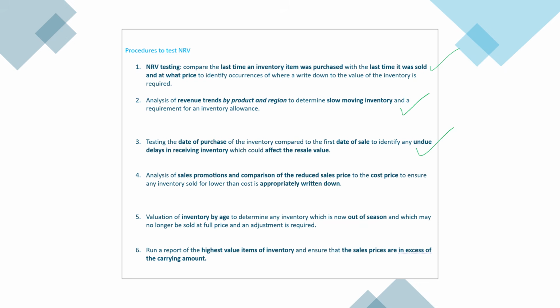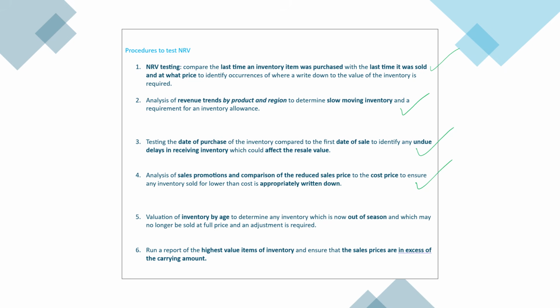I could test the date of purchase and compare it to the date of sale, because if this is really old inventory, this could affect the resale value. So remember, we're not doing any of this manually. We are getting our software to do this for us. I could also analyze sales promotions and comparisons of the reduced selling price to the cost price.